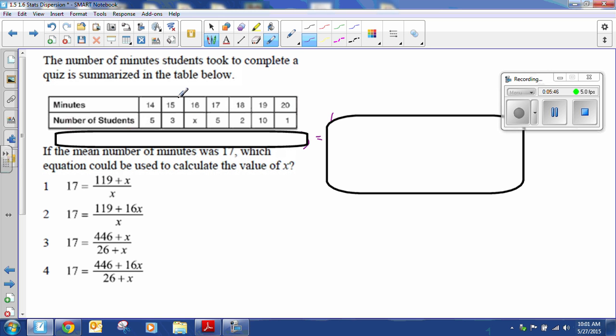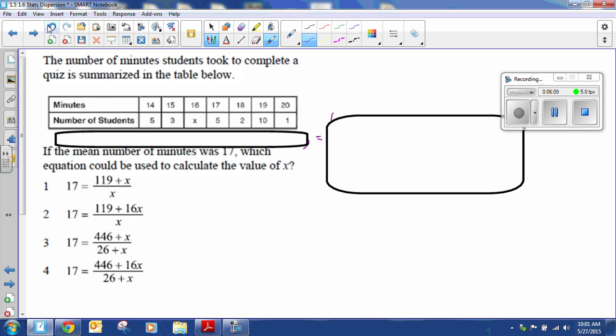We have a table of the number of students and how long it took them to take a quiz. So 1 student was the slowest, they took 20 minutes, and we had 5 students who were the quickest, they took only 14 minutes to finish the quiz. 16 minutes was how long it took.